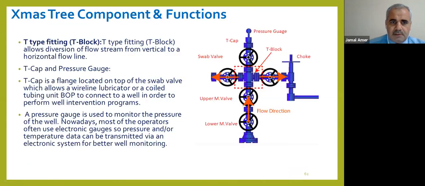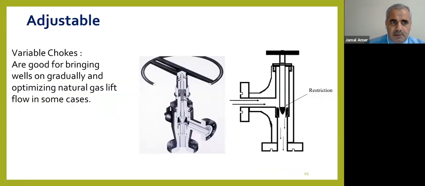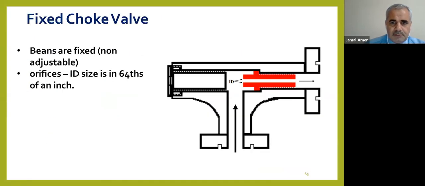Here we have what we call fixed. The beam is fixed. When we want to change the choke, we need to take off this beam and change it with a suitable diameter.